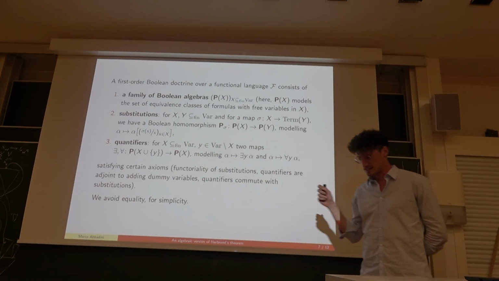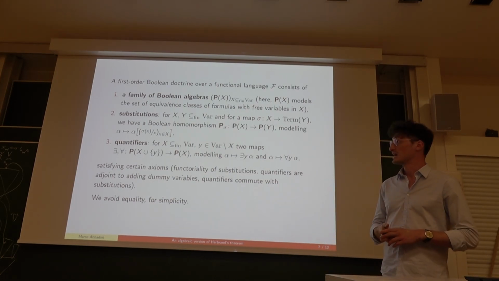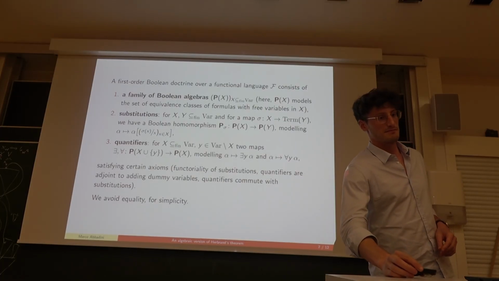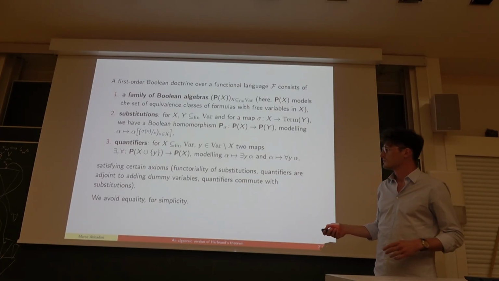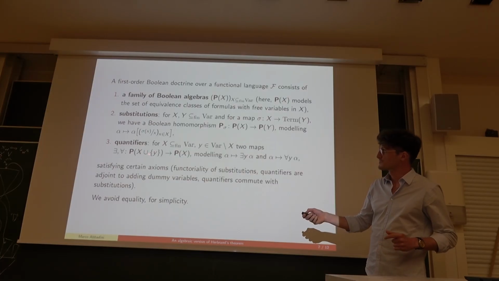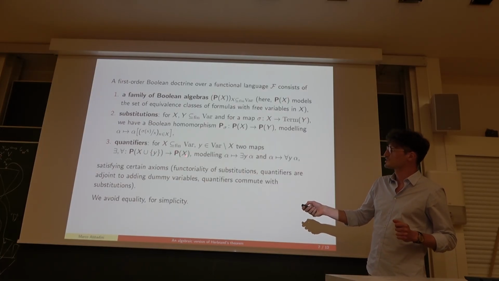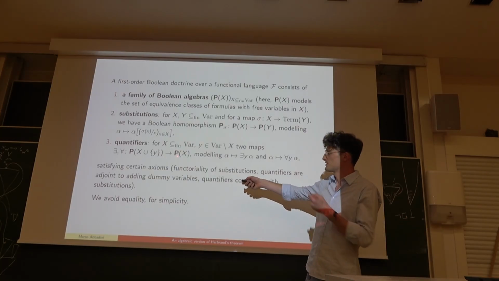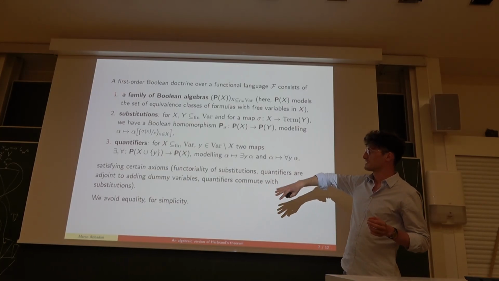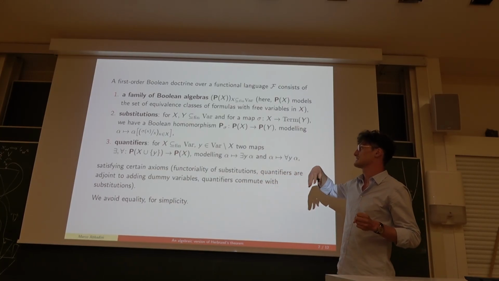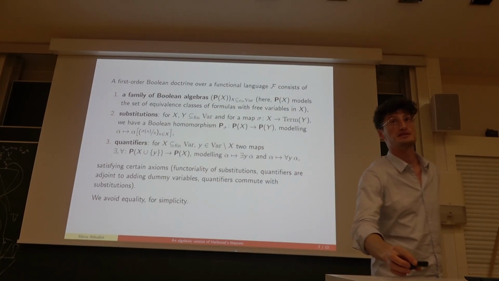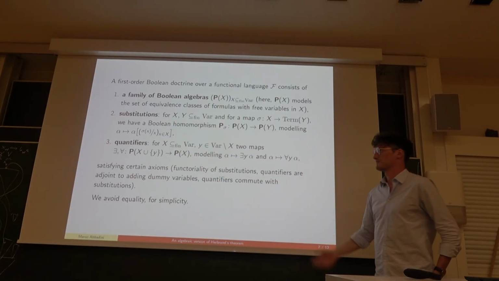And then as the last item of this algebraic structure, we have quantifiers. Quantifiers go from P(x union y) to P(x). And essentially, you should think of them as a function that takes a formula alpha and maps it to exists y alpha.